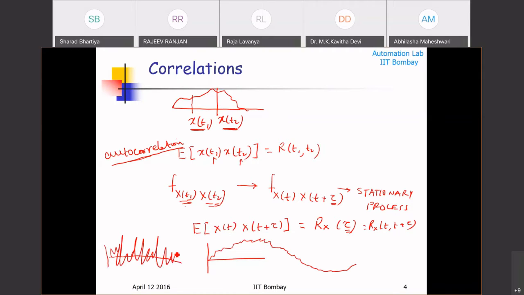In the first one, the value at t very strongly influences the value tau seconds or tau time samples later. Whereas over here, even if the value is high, it could very quickly become low. So this one is not strongly correlated, whereas the first one is strongly correlated.